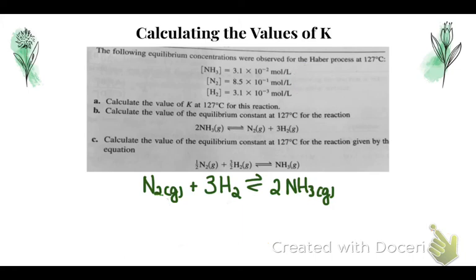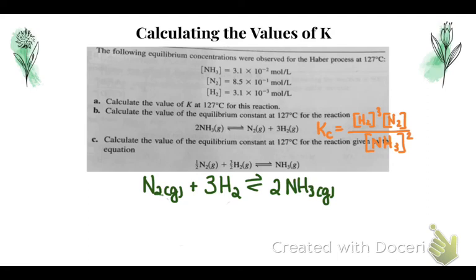Now you can see letter B says calculate the value of the equilibrium constant at the same temperature, but notice the reaction is reversed. If the reaction is reversed, then Keq is going to look like this. So there you can see that Keq or Kc is just reversed.